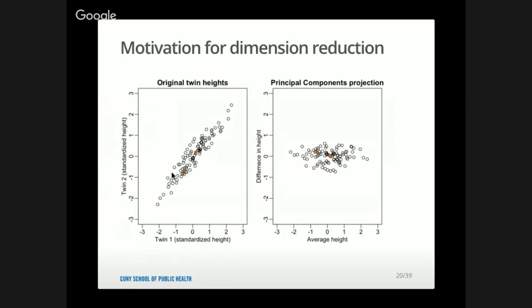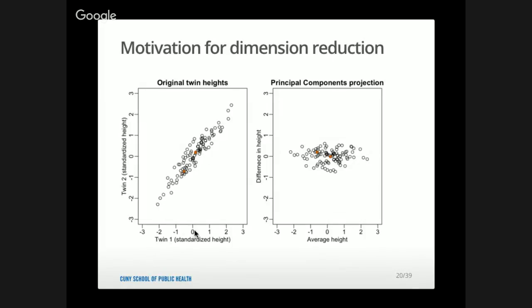So here is a plot on the left of the weights of twin 1 against the weights of twin 2. And we see this high correlation of 0.95. These twins, if one is heavy, the other tends to be heavy, and if one is light, the other tends to be light.